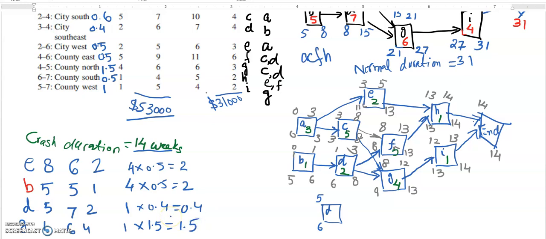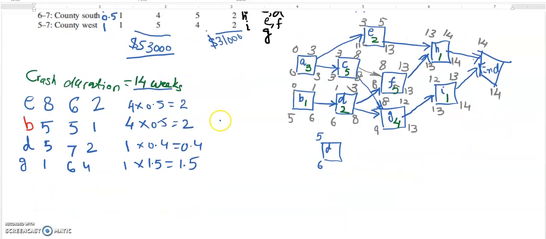Okay, so this means that by doing this, the total saving will be 5.9. So that is the saving. Okay, yeah, 5.9 times 10 to the power 3, $5,900.